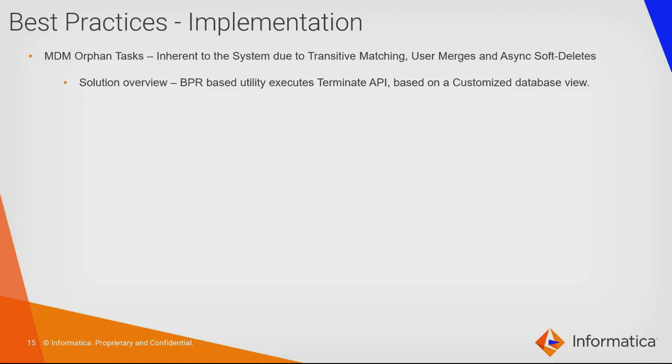It happens when you have a task existing for a merge or create BE for review, and then that particular business entity is deleted through an external API or by a user, or the match records are deleted from the match table due to transitive matching, which is inherent to the MDM application, right? So in those scenarios, the match record or the pending record on the BE gets deleted from MDM, but the task still lingers.